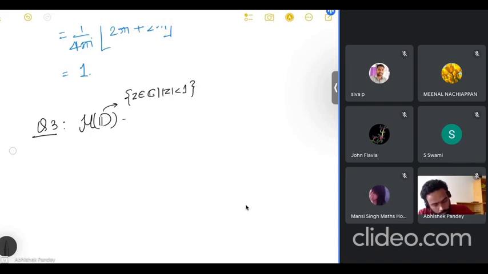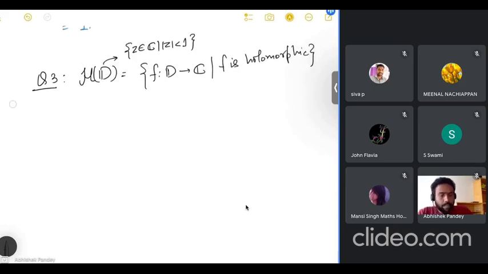This is the space of all holomorphic functions on the unit disk, such that f is holomorphic. Basically this HD is a vector space under the two operations: addition and scalar multiplication.